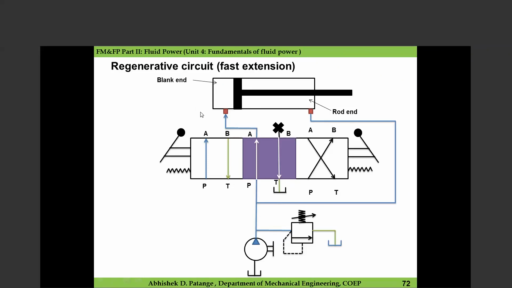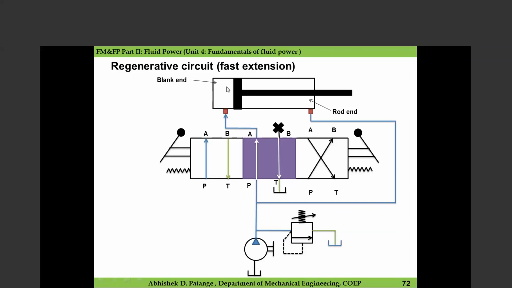But one point to be noted is that the pressure exerted on the piston from the blank end, with the blank end area, will give you the cylinder force. The cylinder force from this side will be more than the cylinder force from the other side, because the pressure acts on both sides, but the force generated depends on pressure and area, and the blank end area is more than the rod end area.